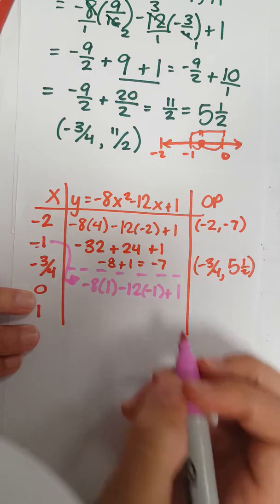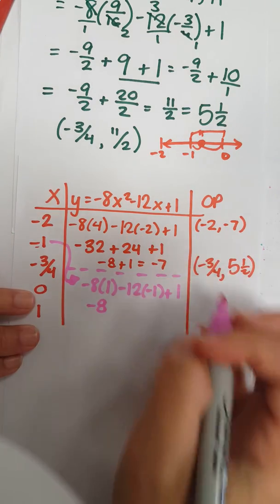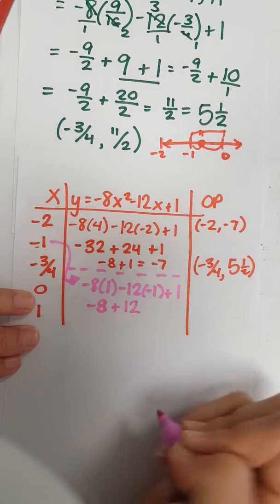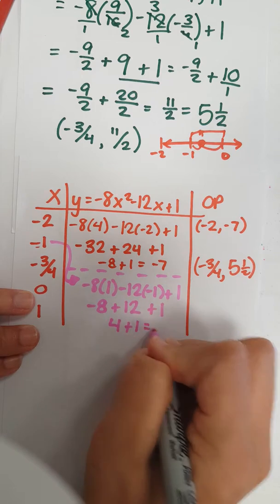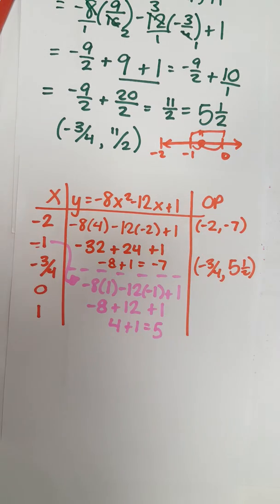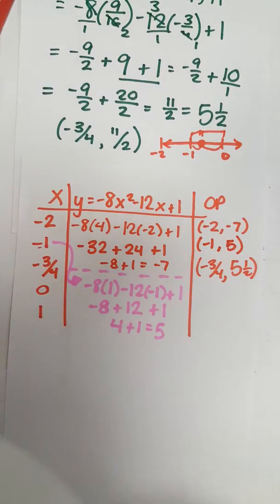Okay, negative 8 times 1 is negative 8. Negative 12 times negative 1 is positive 12 plus 1. Negative 8 plus 12 is 4, plus 1 is 5. So that ordered pair, negative 1, 5.